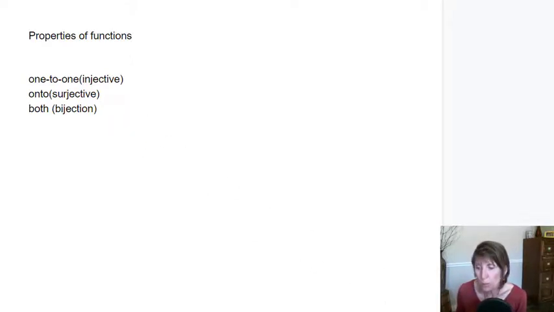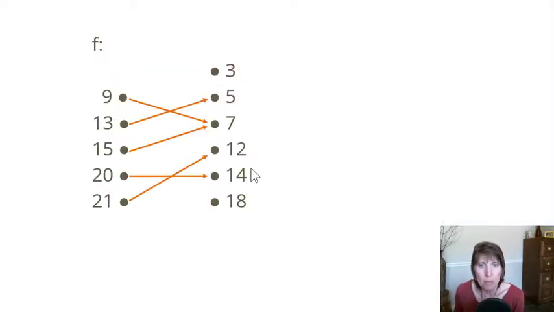A one-to-one property means that every element in X, or every element in the domain, maps to a different element in the target. Notice how both 9 and 15 map to 7. Now this is legal. This is still a well-defined function, right?